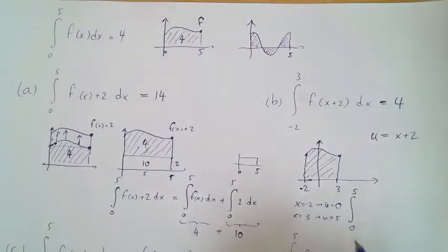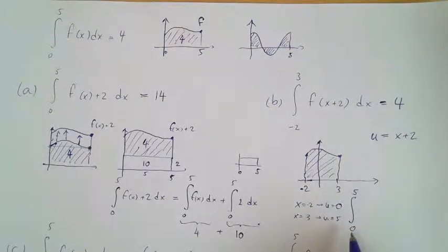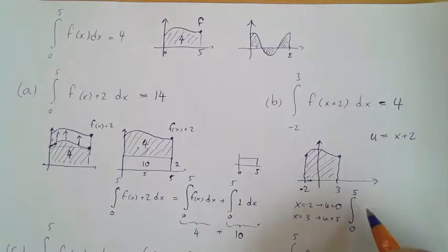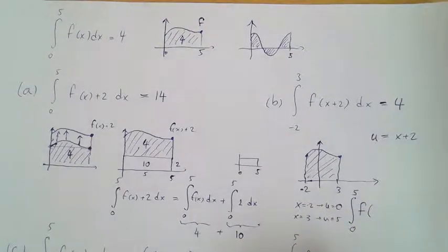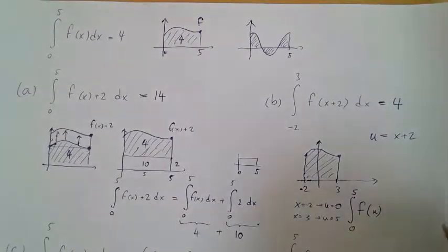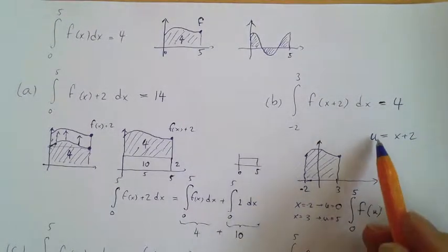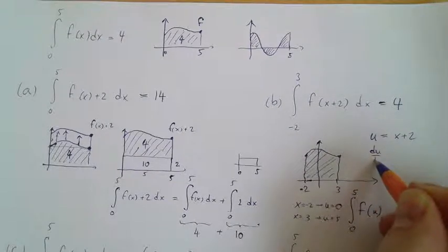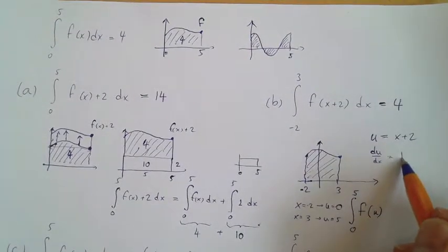So I'm rewriting an integral where everything is in terms of U. The bounds are in terms of U. The variable is in terms of U, so it's f of U. And also, it can't be dx, it has to be du. So we need to find out what du is. If we take the derivative here, du dx equals 1.